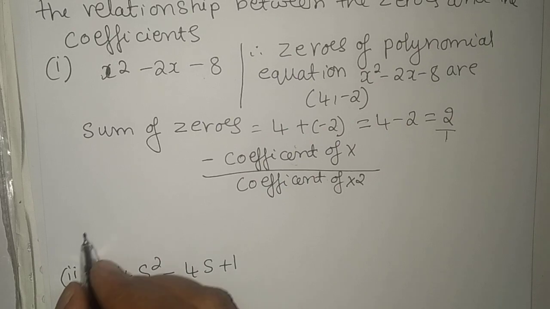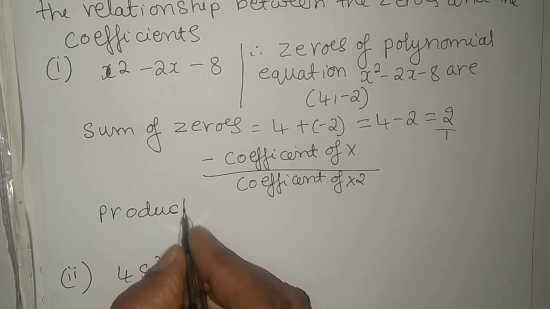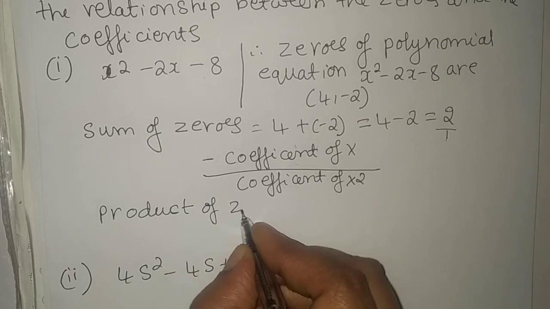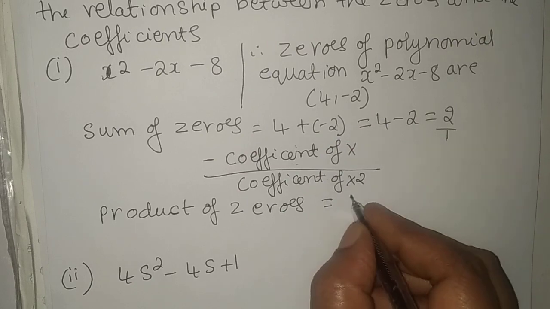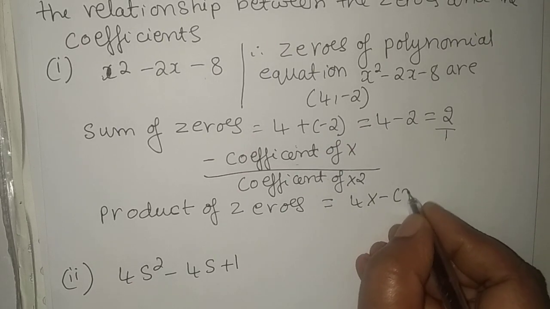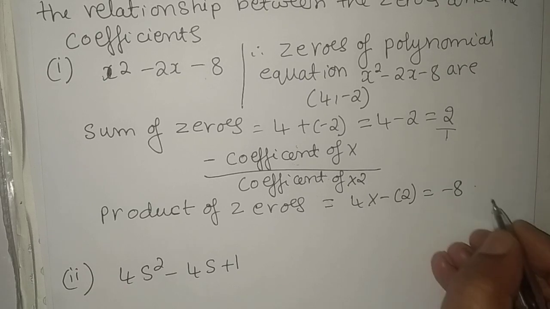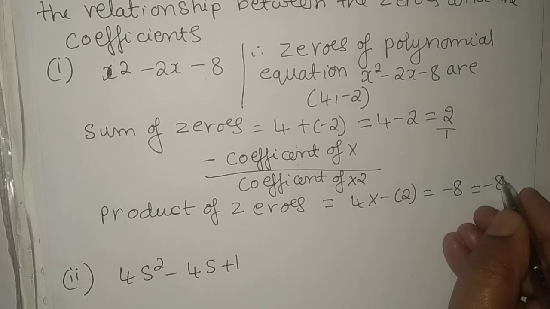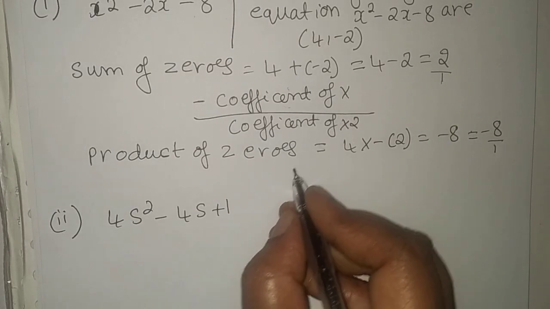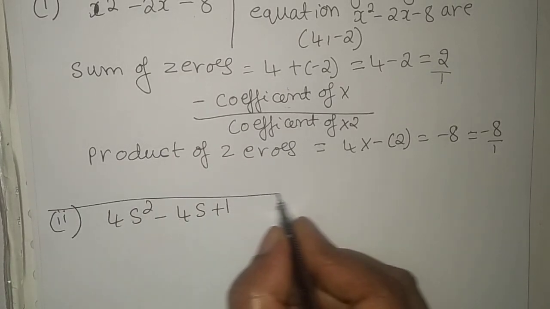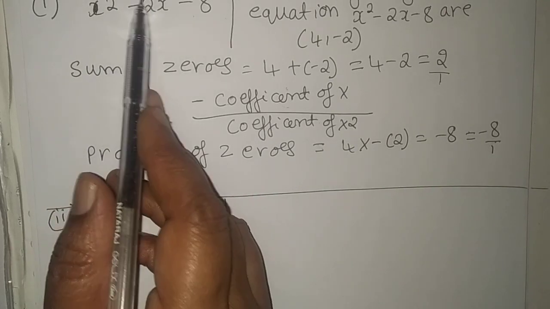Next part is the product of zeros. What is the product of zeros? Multiply these two. 4 into minus 2 is minus 8. So this can be written as minus 8 by 1. Where is minus 8 in the equation?